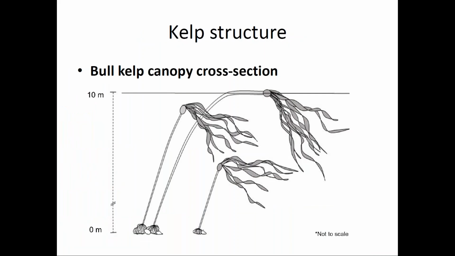So in terms of the kelp structure, we have a little schematic diagram here. And again, keep in mind, this is not to scale. What could be a cross-section of bull kelp? You may have a 10 meter long kelp, and the reality is what we'll see on the surface is what is above the surface line there. It's mostly the bulb and the part just below the bulb.